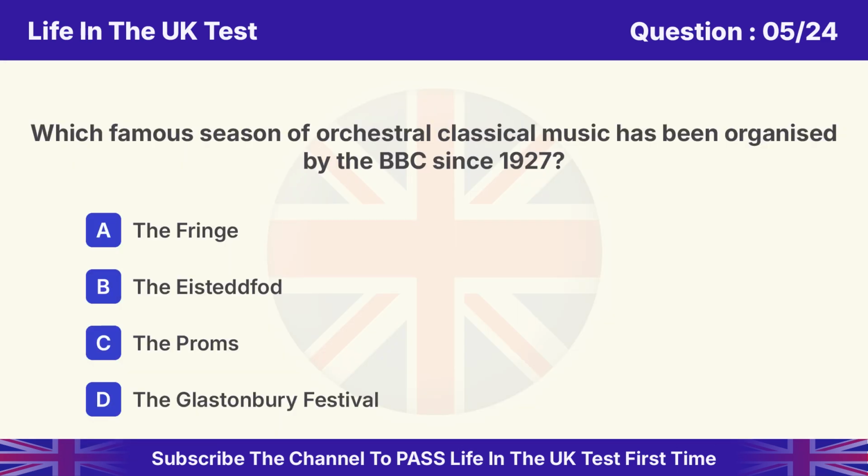Question 5. Which famous season of orchestral classical music has been organised by the BBC since 1927? Option A, the Fringe. B, the Eisteddfod. C, the Proms. D, the Glastonbury Festival.